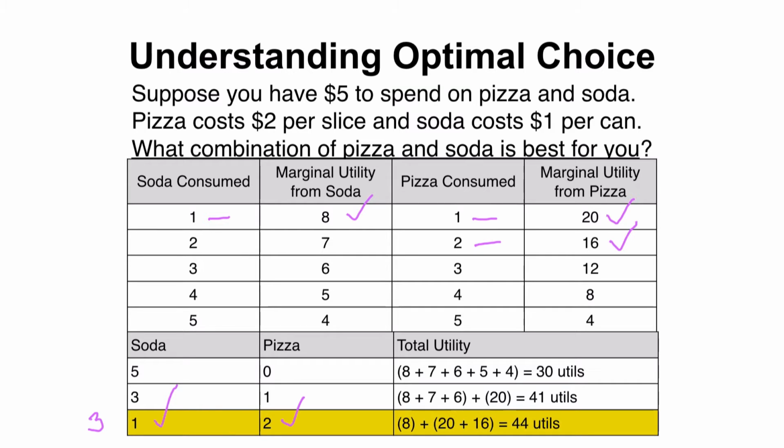So we add up the utility, and we get a total utility of 44 units. So when we look at our 3 options, the one that gives us the highest level of satisfaction, the highest total utility, is going to be 1 can of soda and 2 slices of pizza.